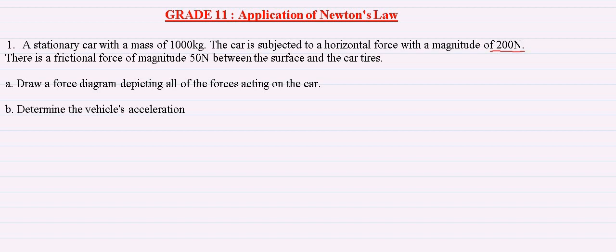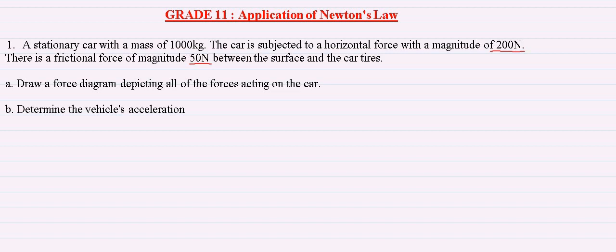There is a frictional force of magnitude 50 Newton between the surface and the car tire. Question number 1 states: draw a force diagram depicting all of the forces acting on the car. Number 2: determine the vehicle's acceleration.